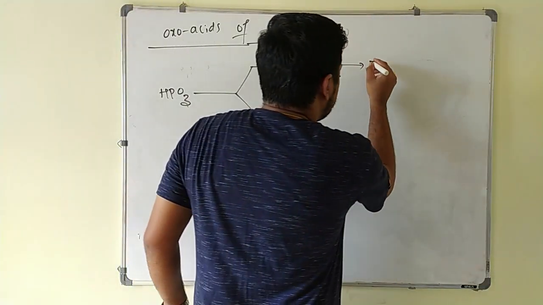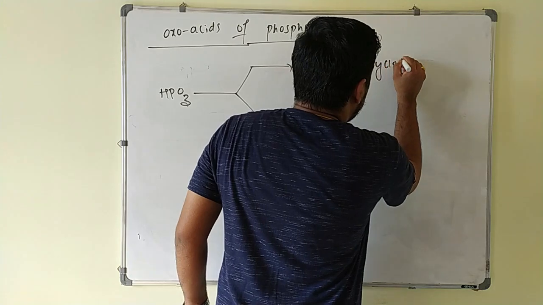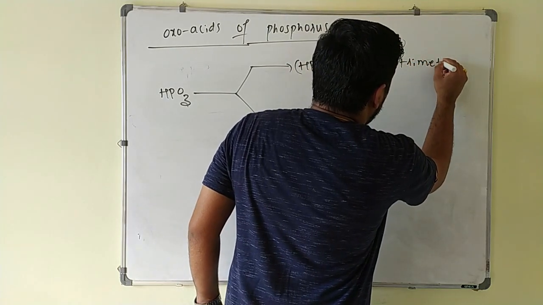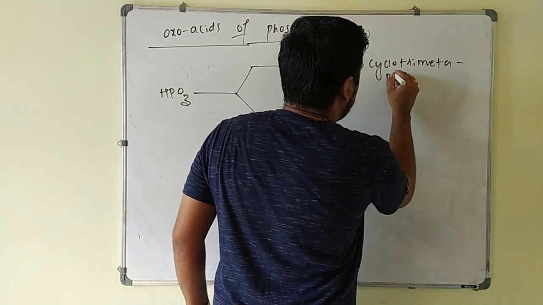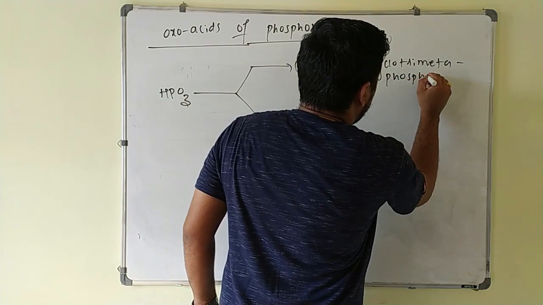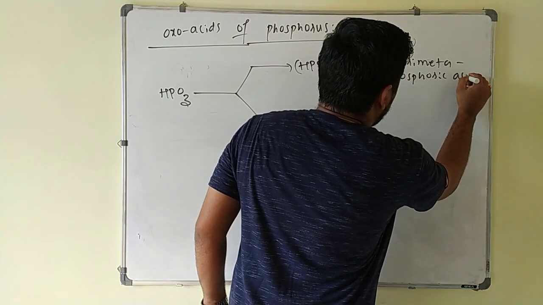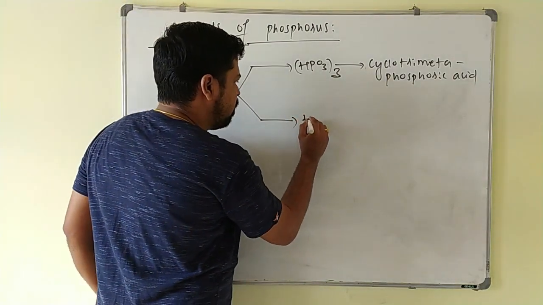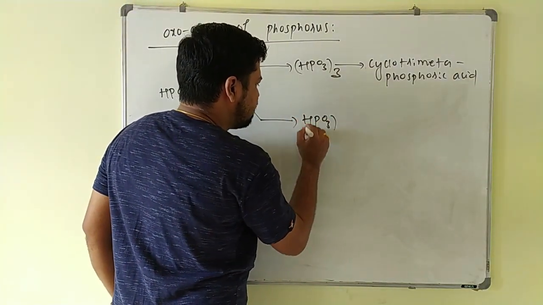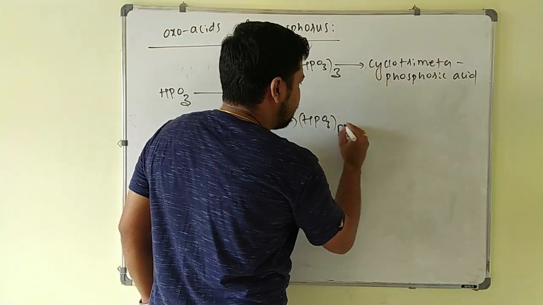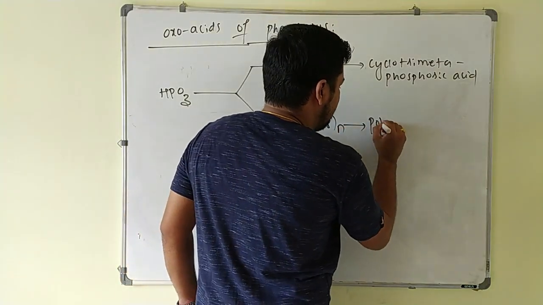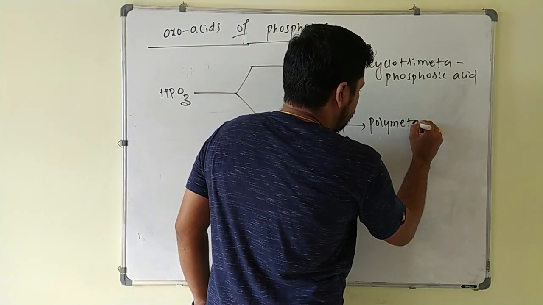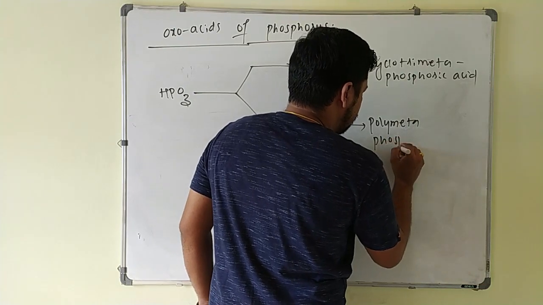It is called cyclotrimetaphosphoric acid. Okay, and another is a polymeric form. It is having polymeric structure also, HPO3 n times. It is called polymetaphosphoric acid.